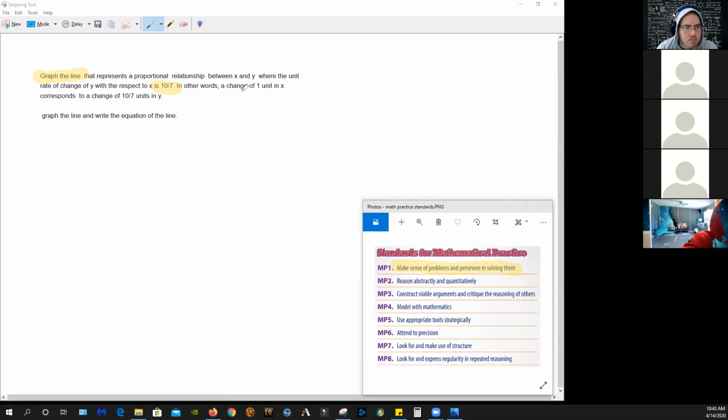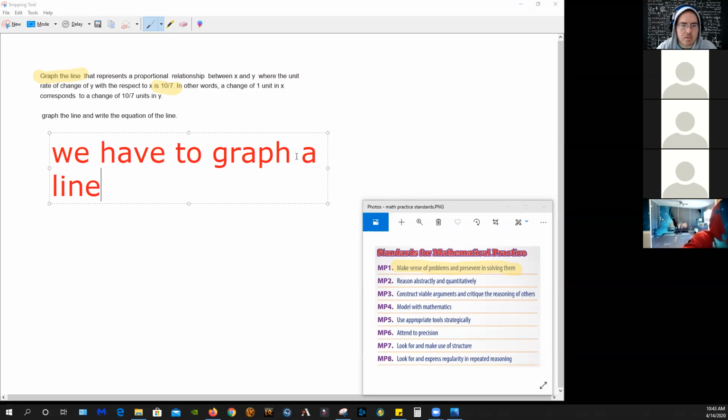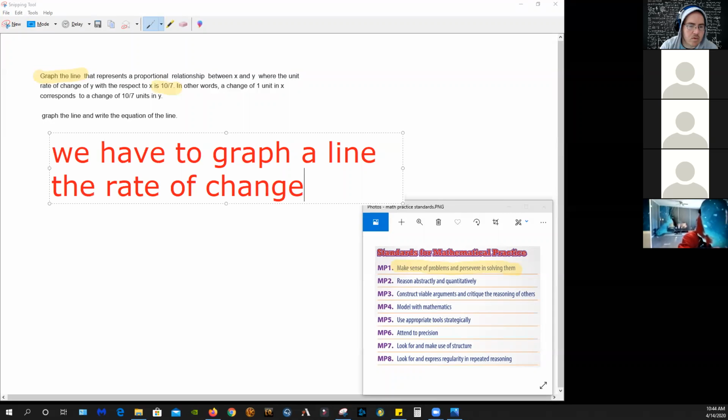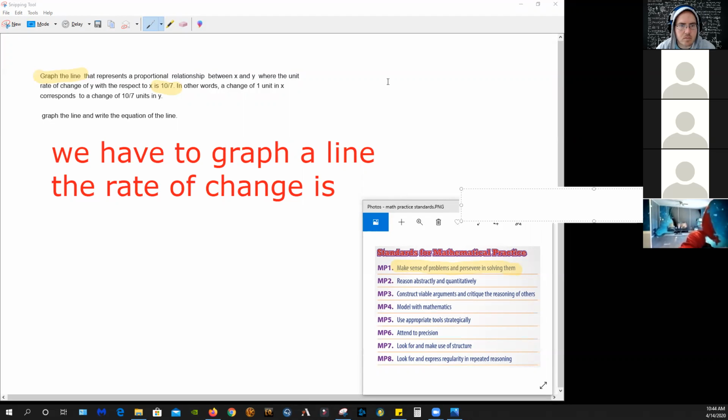So the key things here we know: we have to graph a line, and they just told us that the rate of change is 10 over 7.